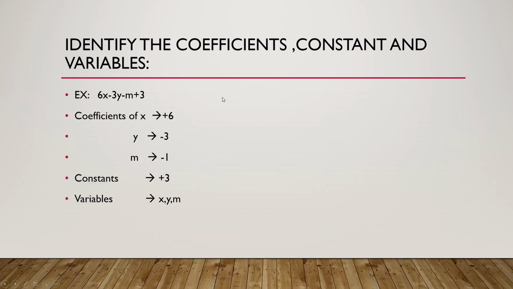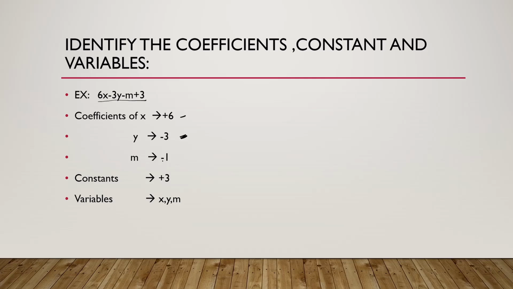Now we are going to do one example, and it will be more clear to you. This is our expression, 6x minus 3y minus m plus 3. Now we are going to calculate the coefficients of these terms. Plus 6 is the first coefficient. For y, the coefficient is minus 3. It will take the symbol also.